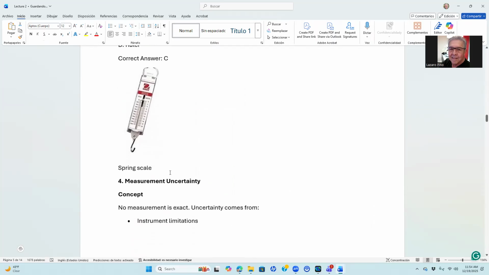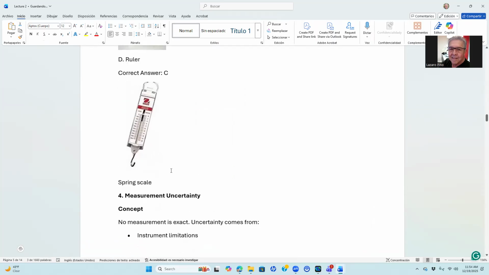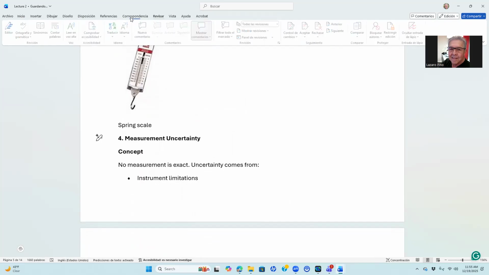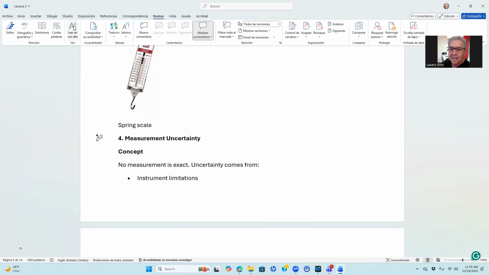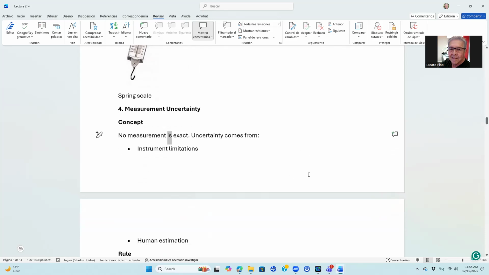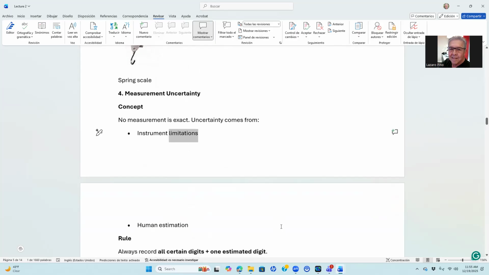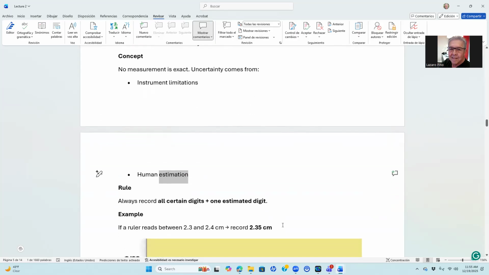Well, in the following one, measuring the uncertainty. Let's go here and let's see. 4. Measurement uncertainty. Concept. No measurement is exact. Uncertainty comes from instrument limitations and human estimation.